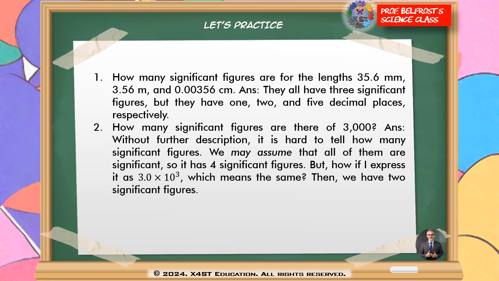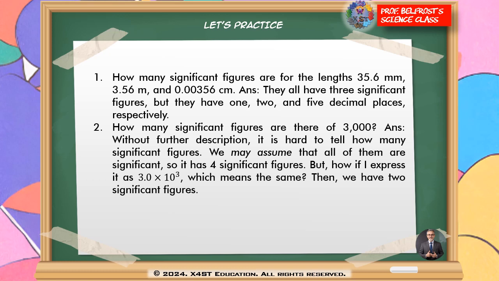But actually this number can be described in other forms. For example, I can describe it as 3.0 times 10 to the power of 3. It's the same number, right? And now we have two significant figures. What's worse is that we can change it to another form. For example, 3.00 times 10 to the power of 3.